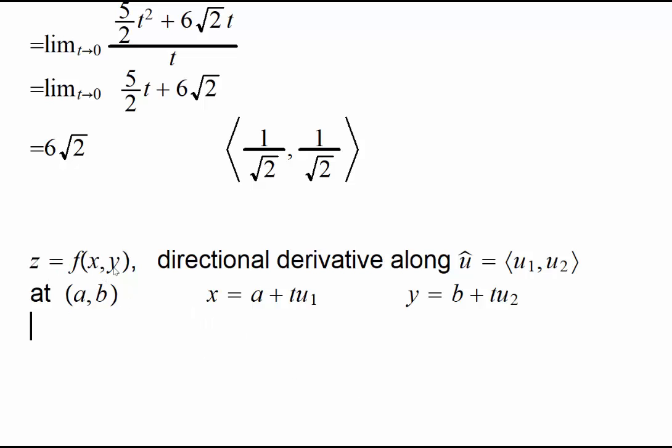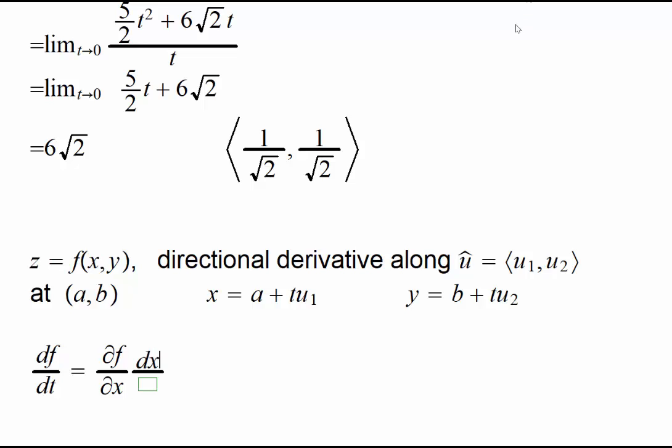So if I am taking df by dt, and actually, instead of df du, you could write that as df dt, because t is the variable in that direction, then by chain rule, what do you get? df dx times dx dt, plus df dy times dy dt.